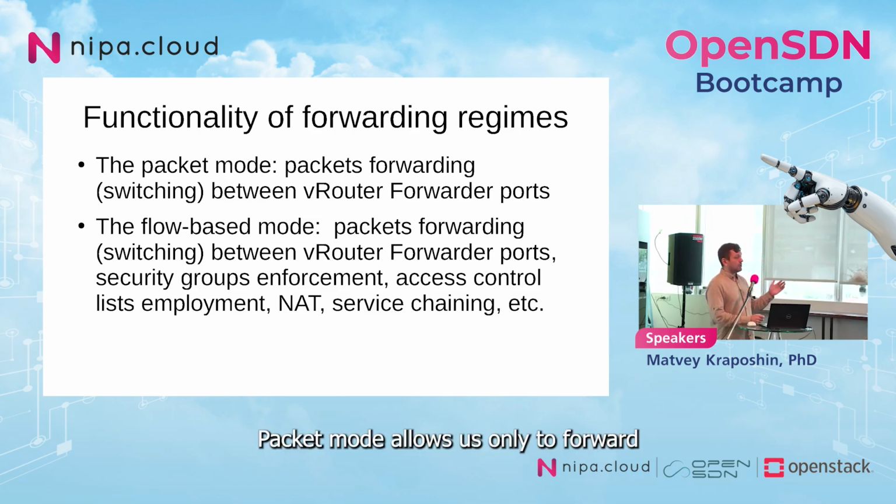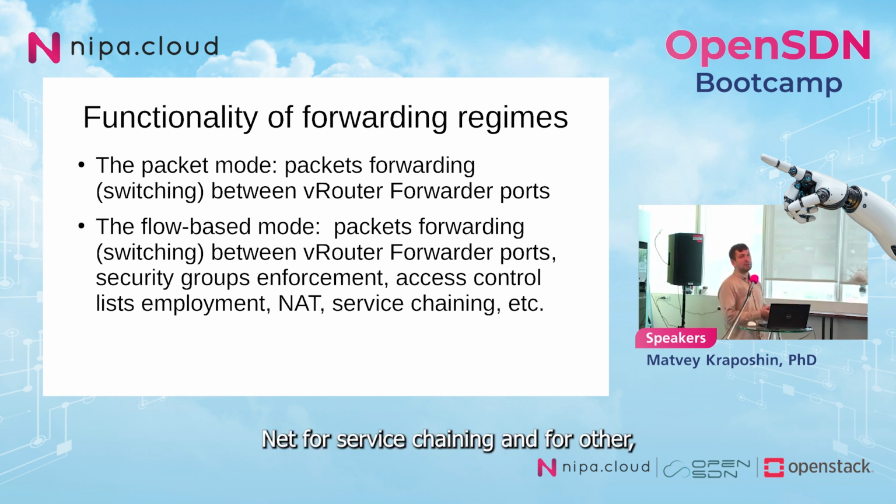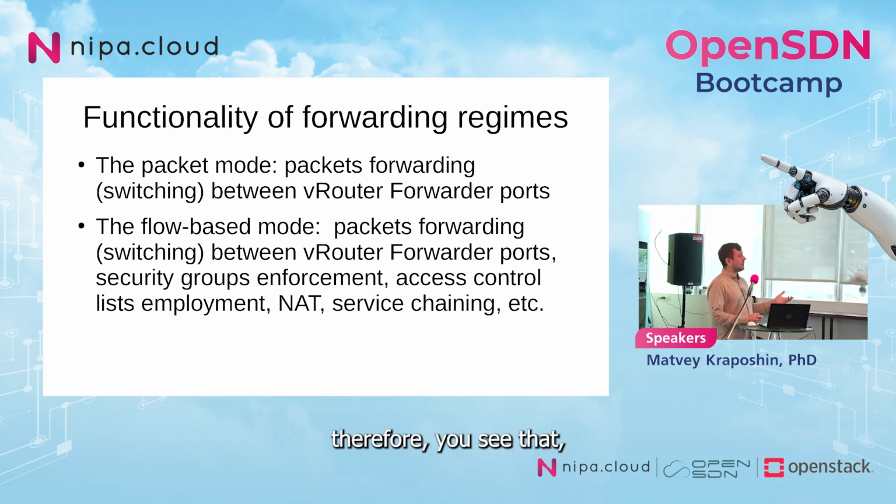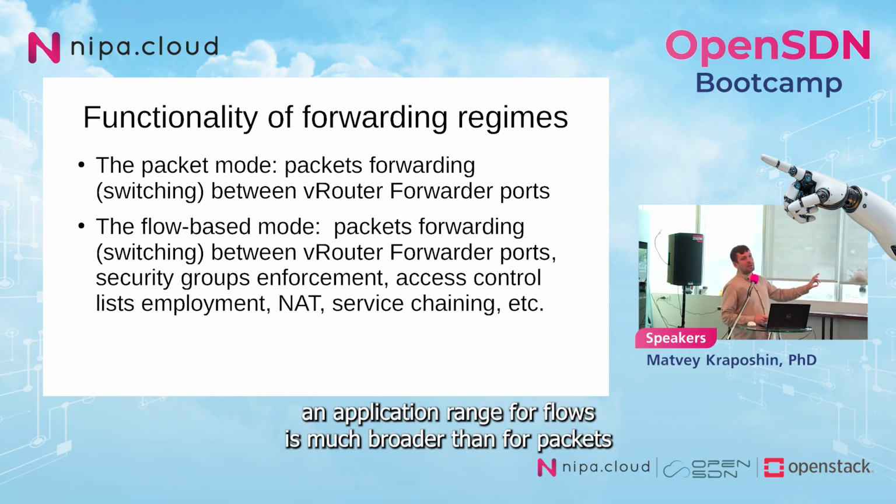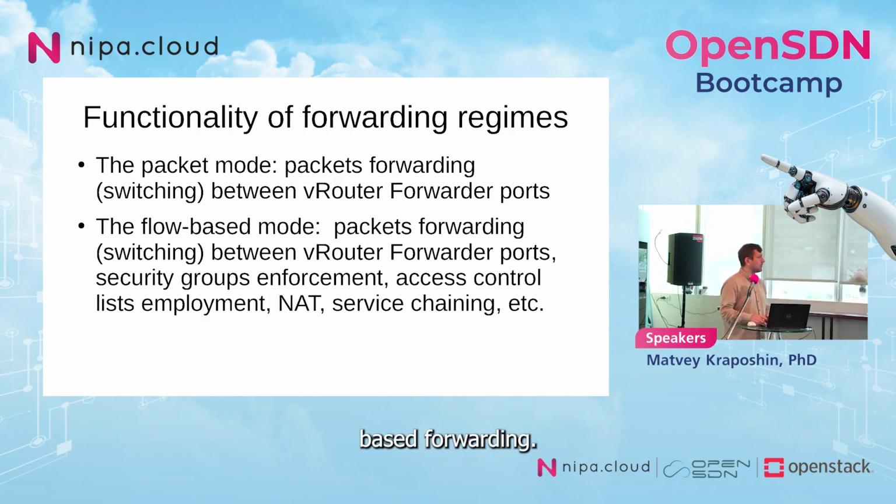Packet mode allows us only to forward packets, and flows are used for security groups, access control lists, for NAT, for service chaining, and for other network functions which are needed. Therefore, you see that the application range for flows is much broader than for packet-based forwarding.